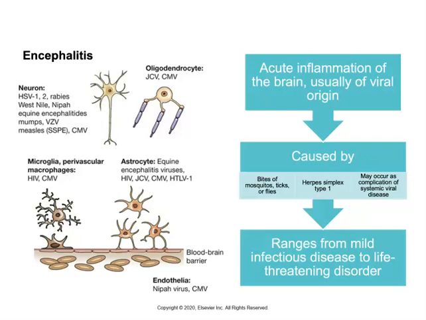A bit of a different type of inflammation within the head is called encephalitis. This is an acute inflammation of the brain and is typically caused by a viral infection. It can result from a mosquito, tick, or fly bite, or from herpes simplex virus type 1, and in some cases it can develop as a complication of systemic viral illness. Now, the severity of this varies a lot.